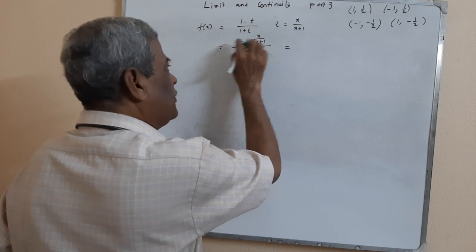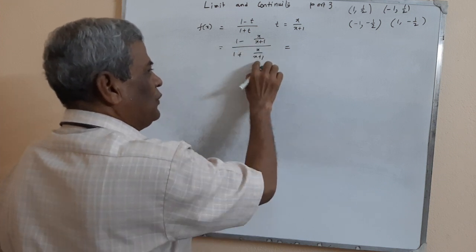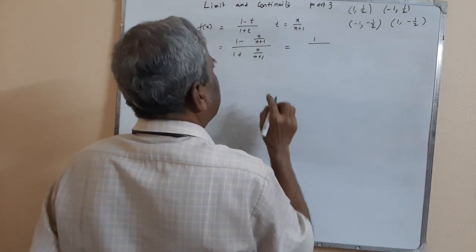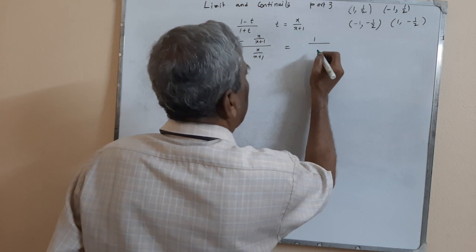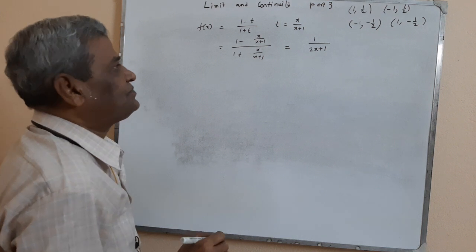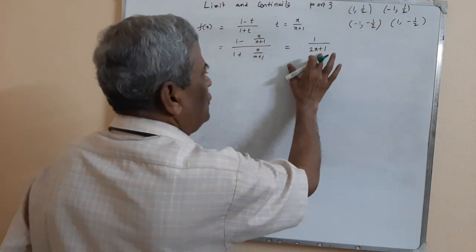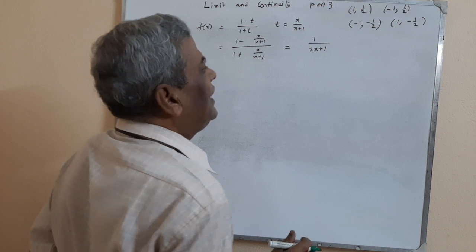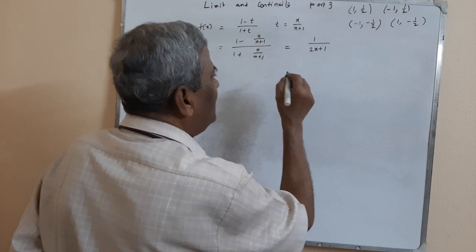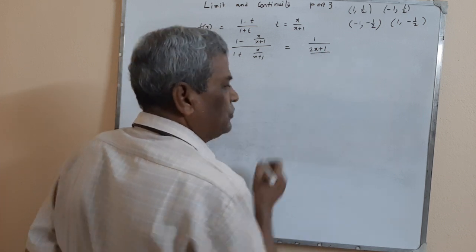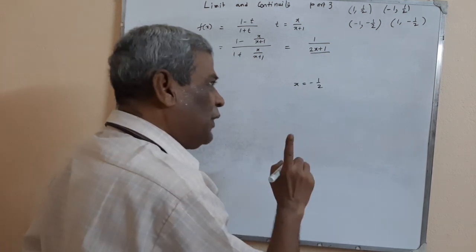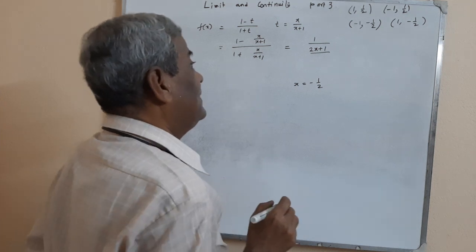So in the denominator, after simplification, x plus 1 will cancel, and we get 1 upon (2x plus 1). So we get f(x) equal to this algebraic function and real, but you see it is undefined when this becomes 0, that is at x is equal to minus half. At the point x is equal to minus half, it is undefined.